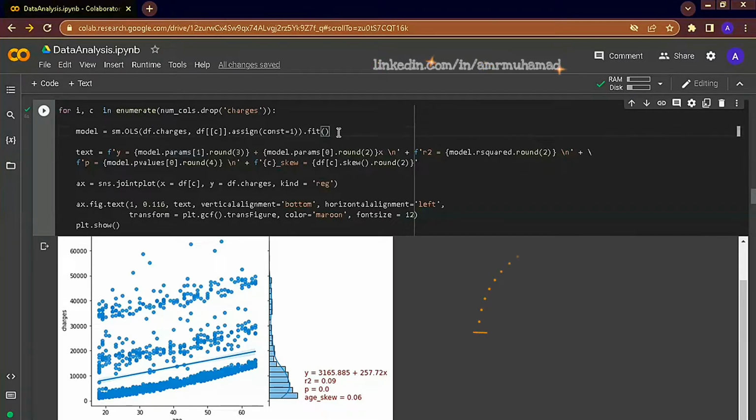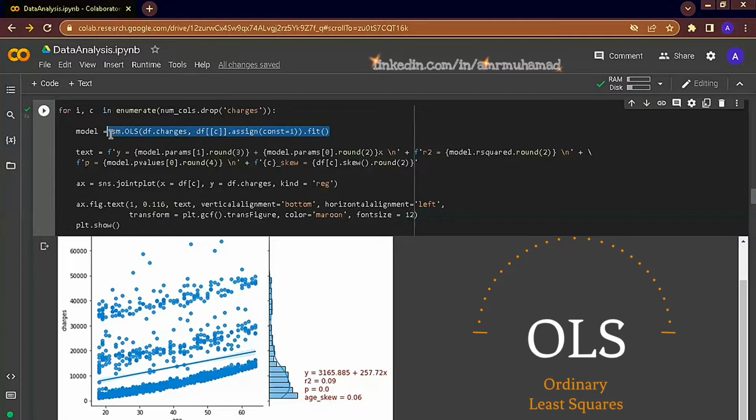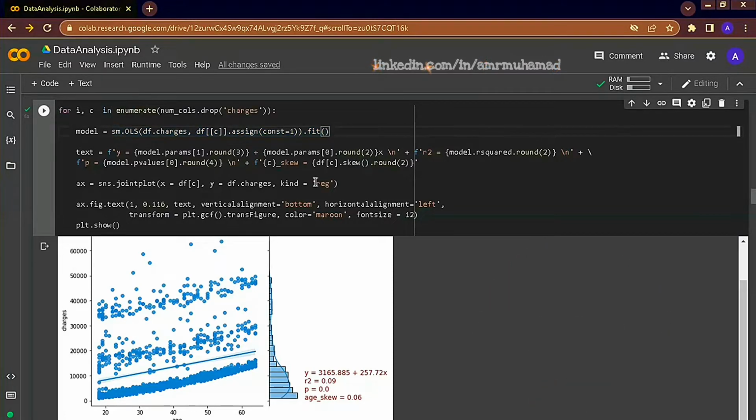We are going to build an ordinary least squares regression, which simply tries to figure out which line best fits the data, and the best fit is assessed in terms of the difference between the line and all the real data points. To understand this, imagine that this line is the line of best fit, and it represents the predicted value of charges given different values of age.